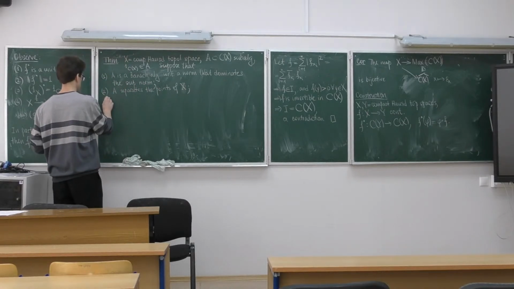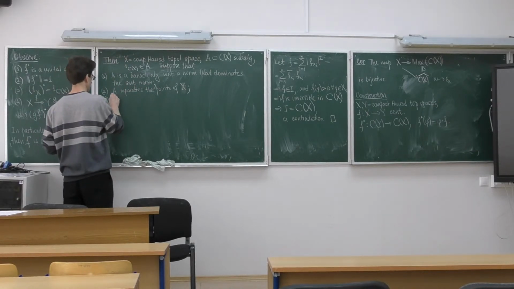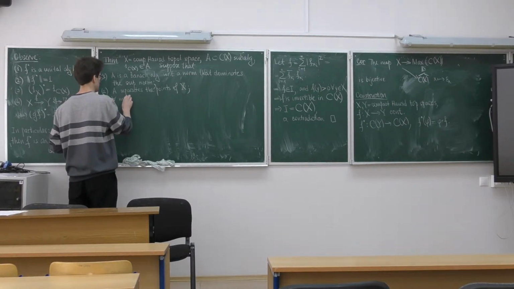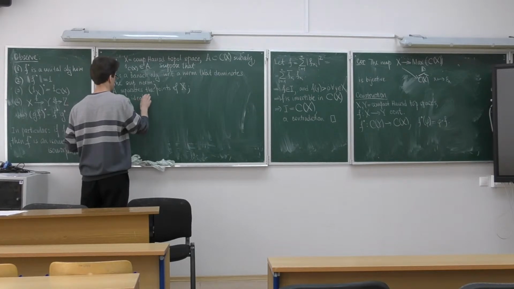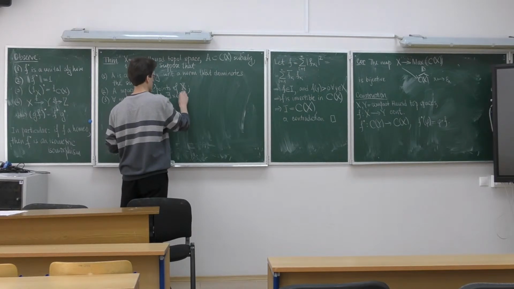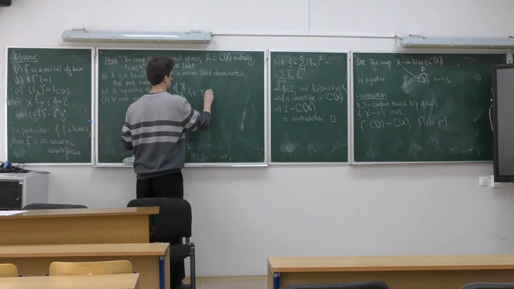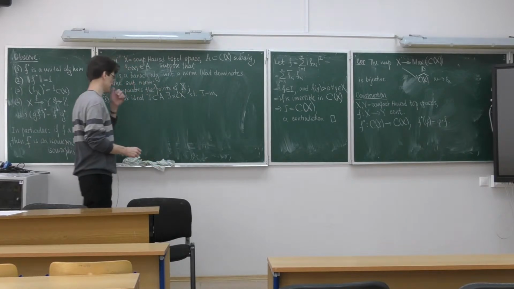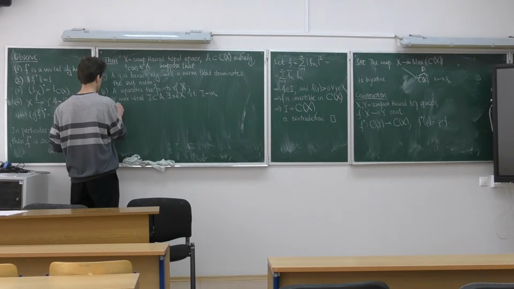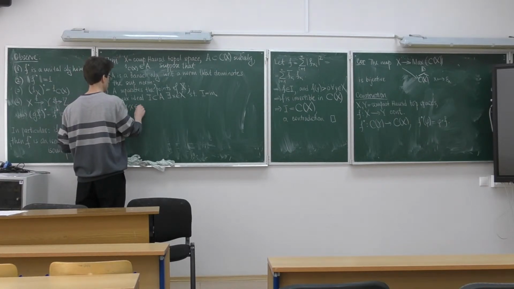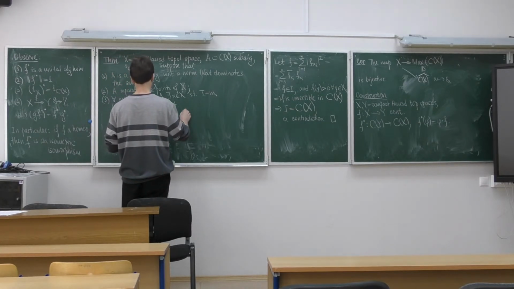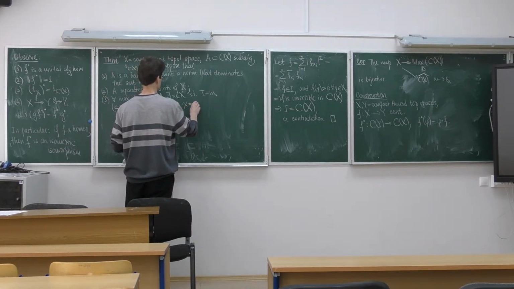And finally, condition 3, for each maximal ideal I of A, there is a point x in X such that I equals m_x. Or equivalently, for each character chi of A, there is a point x such that chi equals epsilon_x.